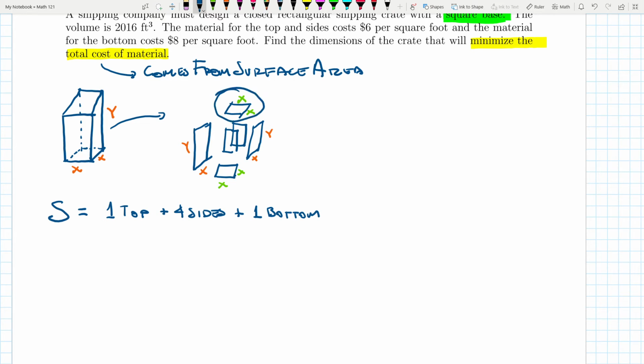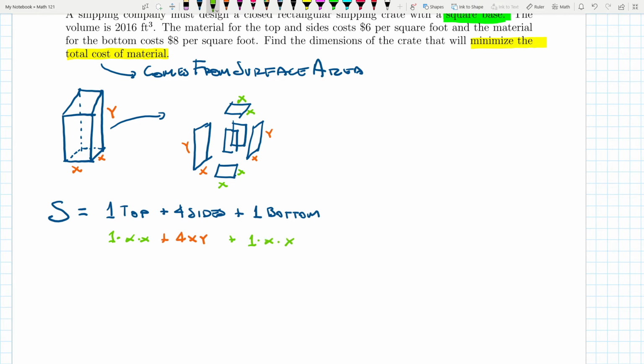Well, the dimensions are x by x. So I'm going to multiply 1 times x by x, plus 4 times the dimensions of the sides, which are x, y, plus another bottom, which is 1 times x times x.